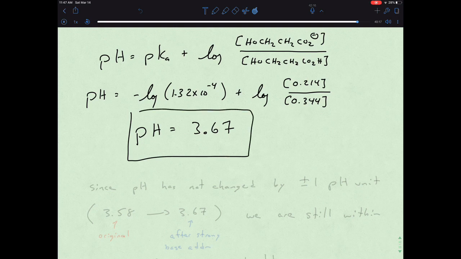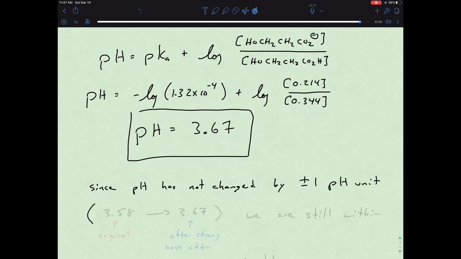You should get the exact same pH if you chose to use the Ka method and the ice table method. Since the pH has not changed by plus or minus 1 pH unit, right?